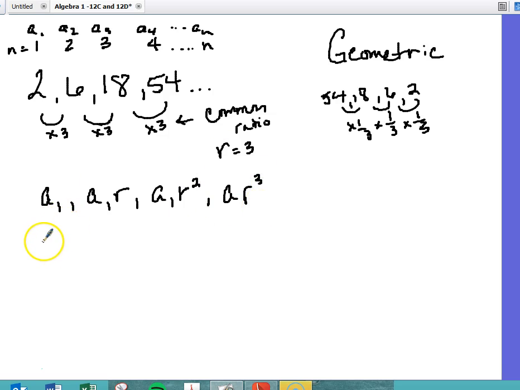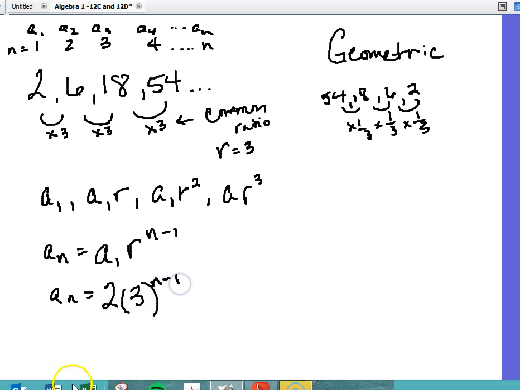So when we are putting together our formula, we say a sub n is the first term times the common ratio, n minus 1 number of times. By the fourth term, I've multiplied 3 separate times. So for this formula, a sub n equals a sub 1, which was 2, times the common ratio 3, to the n minus 1.